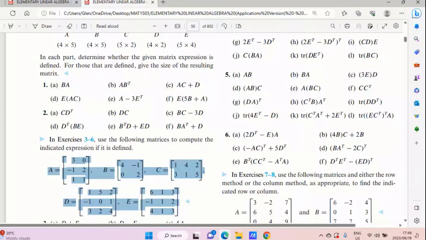Do we agree that the matrix that we get from the product of D and D transpose, the first row should be 30, 1, and 21? Yes. Second row, it should be 1, 2, 1. Yes. Third row, it should be 21, 1, 29. Yes.